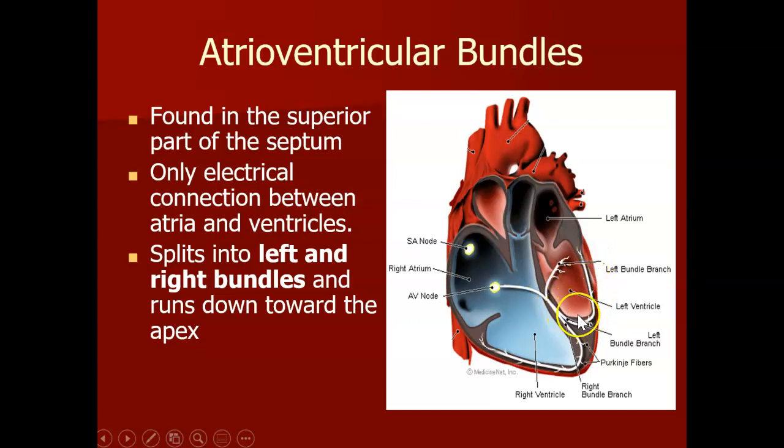One will go around the left ventricle towards the apex, one is going to go around the right ventricle towards the apex. So basically, we're generating the impulse needed for contraction all the way around each ventricle, so each ventricle can then contract. Because remember that the atriums contract at the same time, left and right, and the ventricles contract at the same time. We often call these branch bundles the bundle of His.